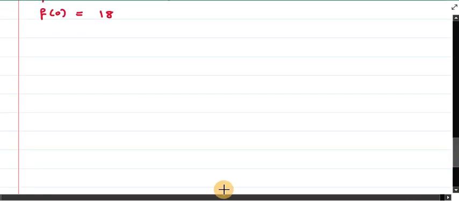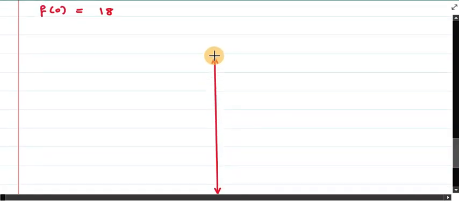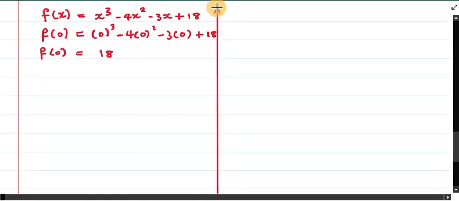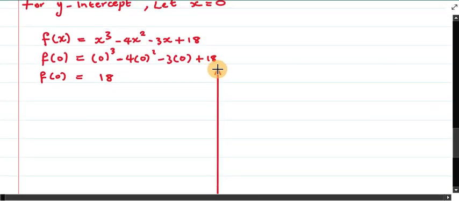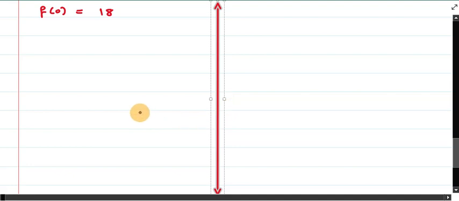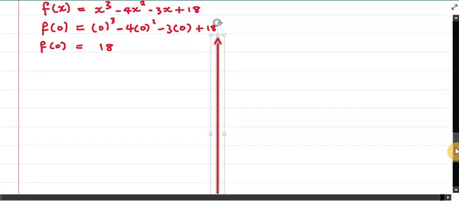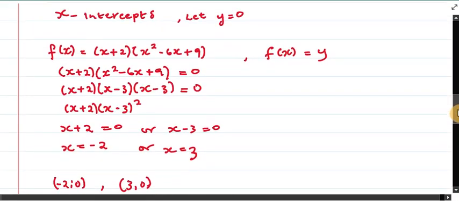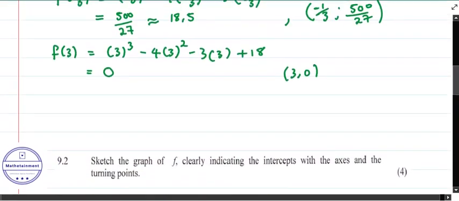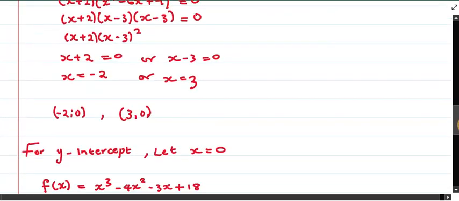Let me draw this vertical line of mine. Let me check, do I have a negative y-intercept? No, I don't, meaning I can give myself enough space.